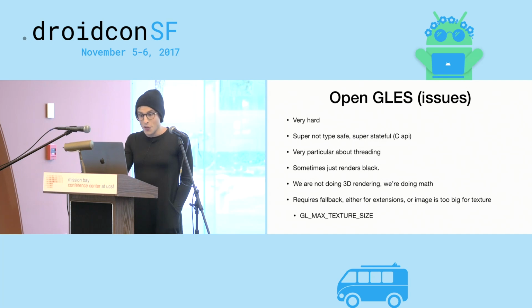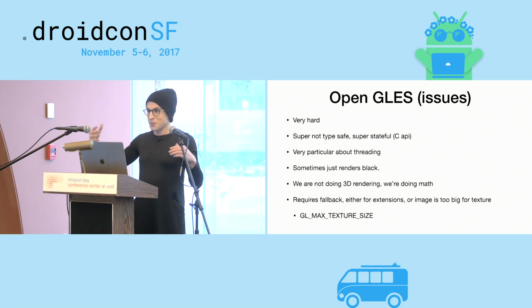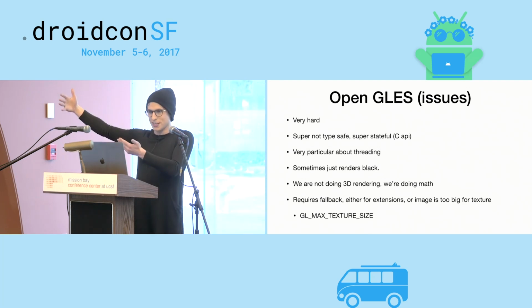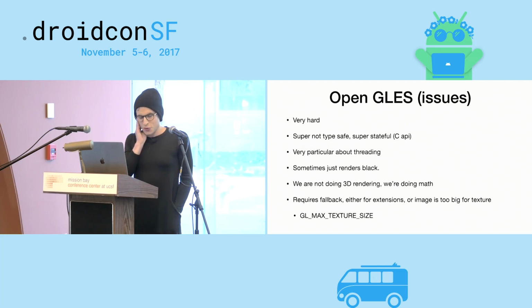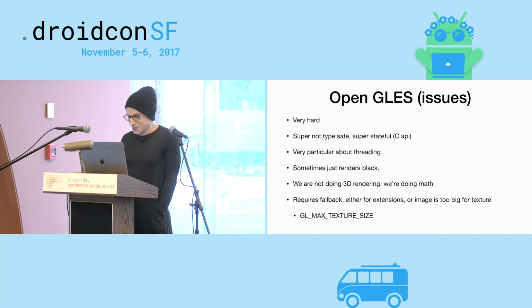Another possible thing is a size issue: occasionally, if you query GL max texture size, the phone will tell you what the largest possible texture is. If you think, oh, I'll just put the whole image into a texture, sometimes you can't do that. So you need a fallback on CPU, or you can tile if you want to, but depending on what you're doing, like shear or perspective correction, the geometry is pretty gnarly.